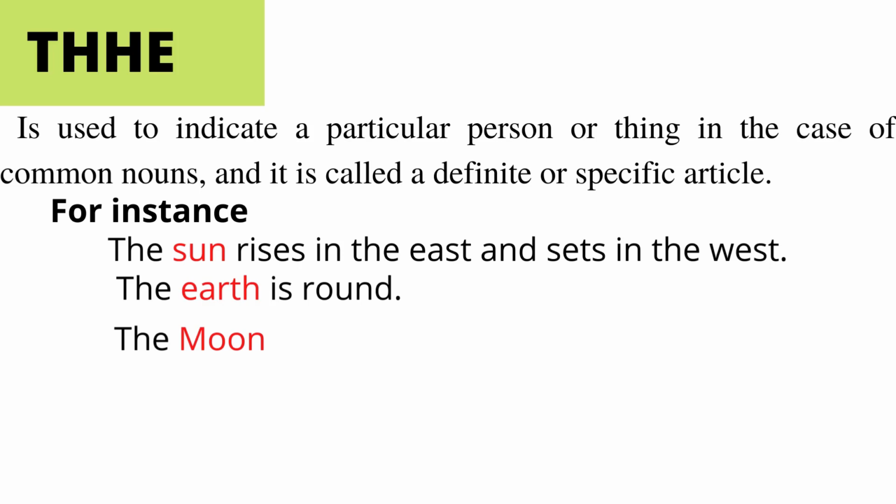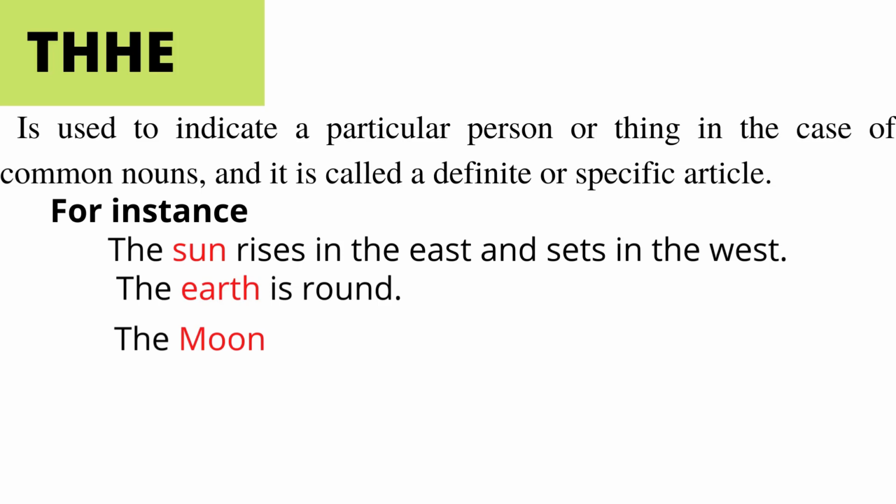For example, when we want to talk about one of something, for instance, we have one sun, one earth, one moon. The example: the sun rises in the east and sets in the west. The earth is round, and the moon. We have only one of them, so we use the article the.